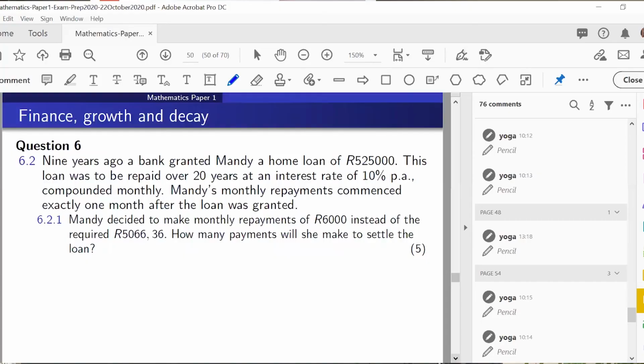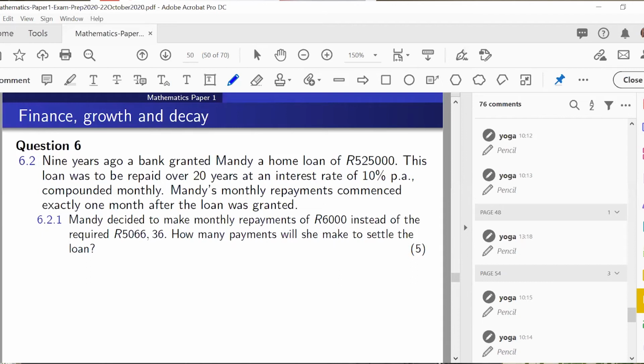Okay, I am going to start question 6.2 from the beginning. 9 years ago, a bank granted Mandy a home loan of 525,000. And this loan was to be repaid over 20 years at an interest of 10% per annum, and that was compounded monthly.